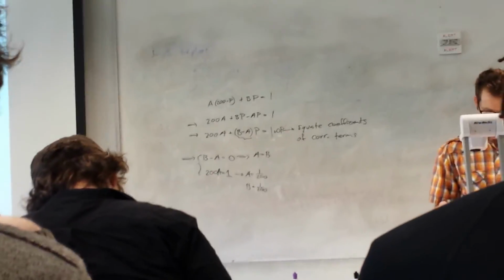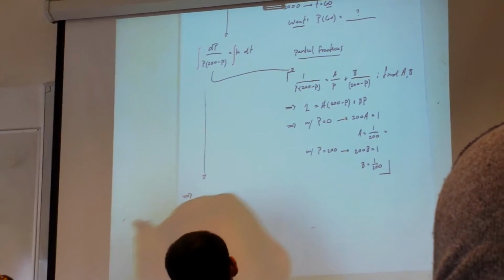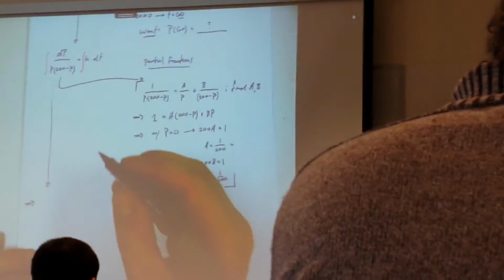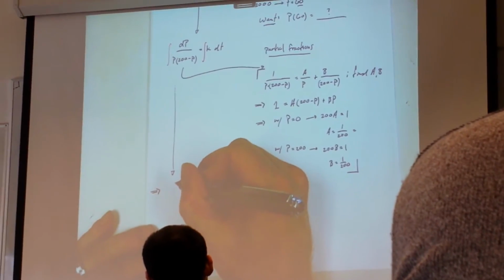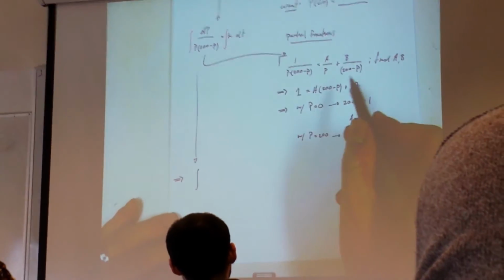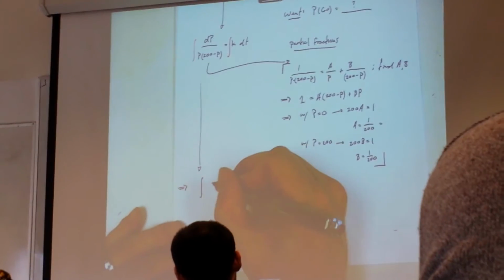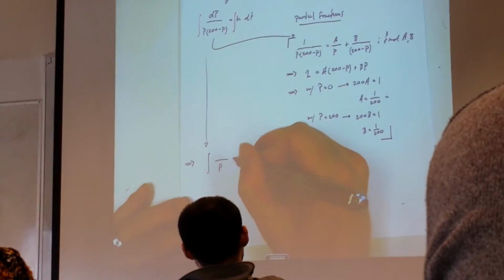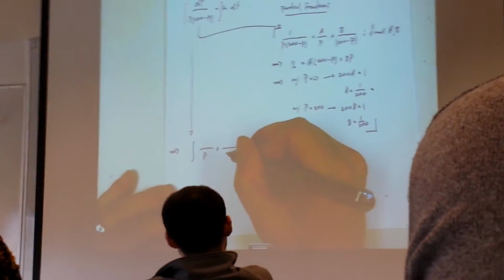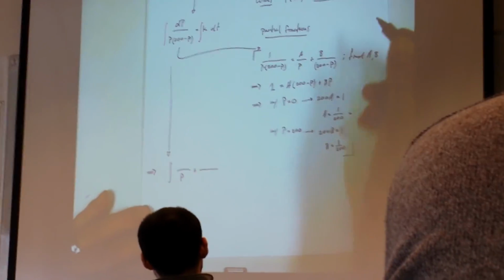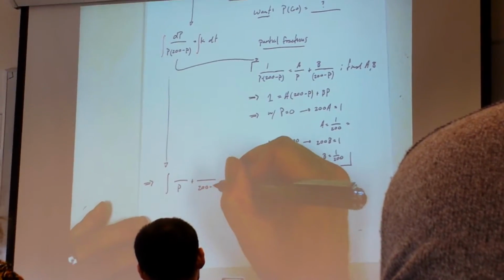Okay. All right. So, after that little aside, and, oh, by the way, let's write this out. So it would be (1 over 200) over p plus (1 over 200) over (200 minus p), right?